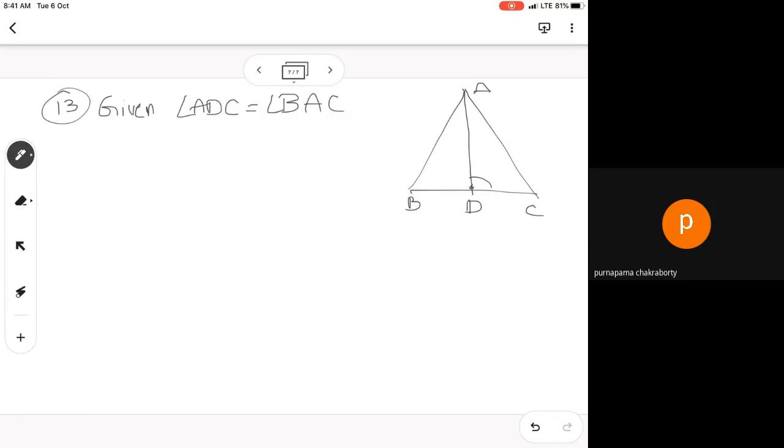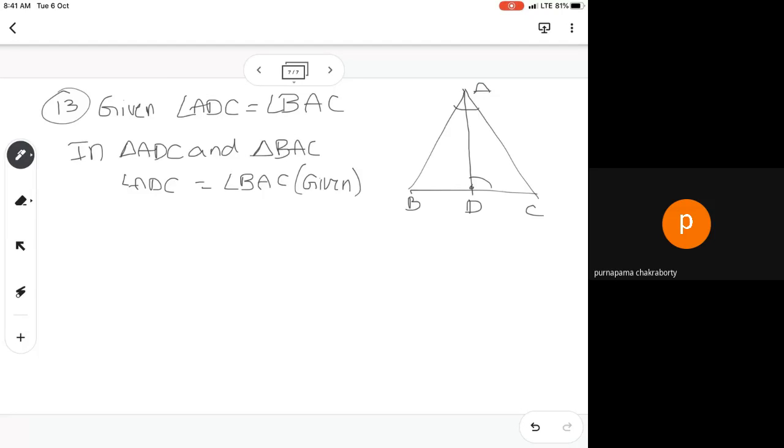Take triangle ADC and triangle BAC into consideration. In these triangles, angle ADC equals angle BAC, which is given.